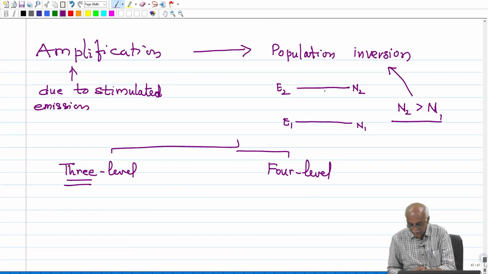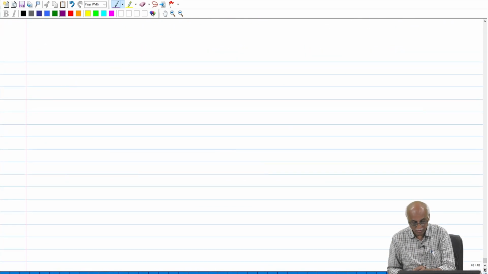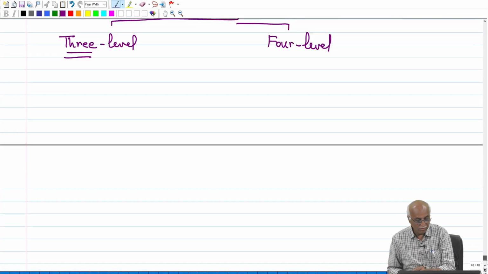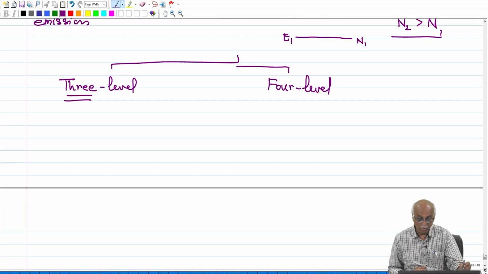So, if I quickly describe what is meant by 3 level or 4 level. Let us say we use pumping light. So, first I will describe, say there are 3 energy levels.